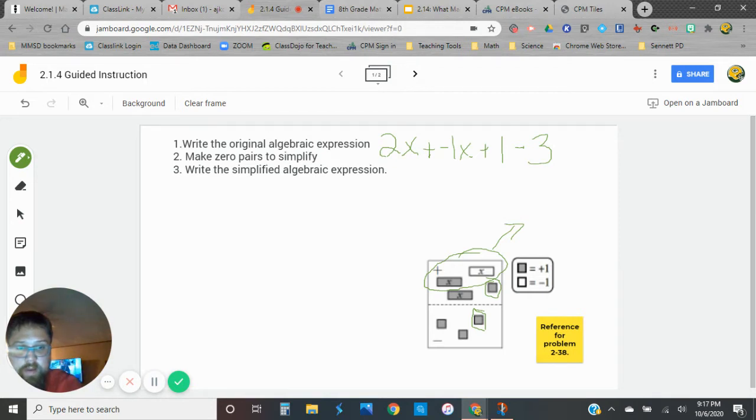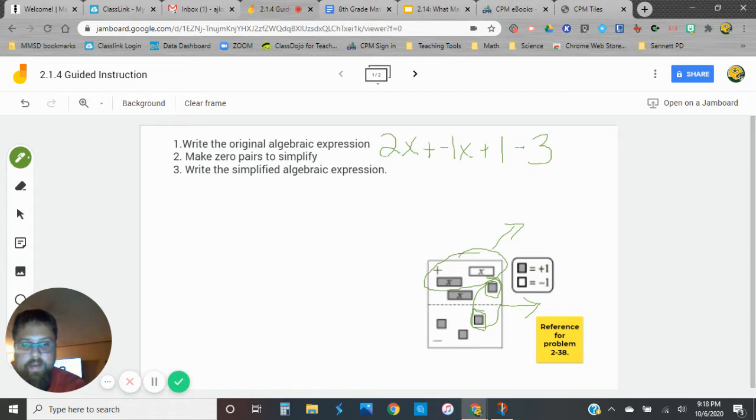So if you think about it, you have a negative 1 and a positive 1. That is another 0 pair. So you can also take that off. At this point, I don't see anything else that I could pair up as a 0 pair to take off of the mat. So I think my simplification is actually done.